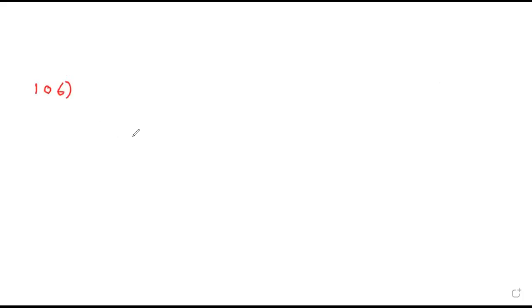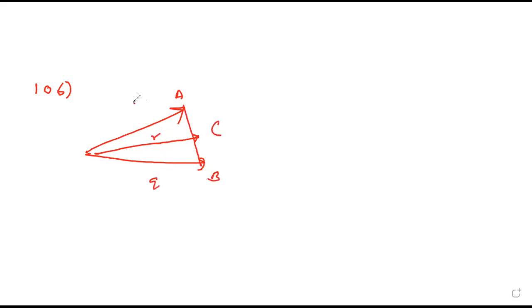106. Figure represents three vectors P, Q, R, C is the midpoint. One vector, two vector, three vector, A, B, C. This is Q, R, P, O. C is the midpoint.